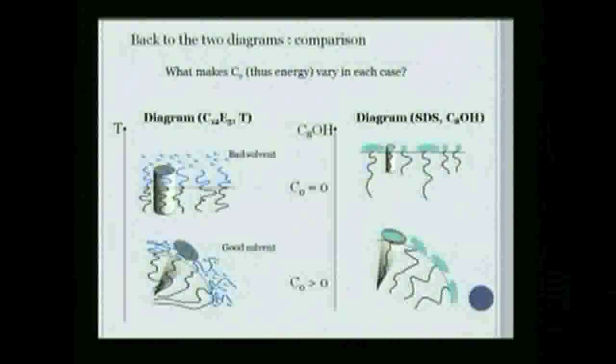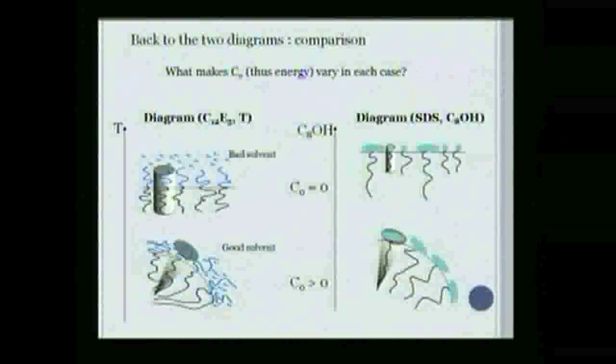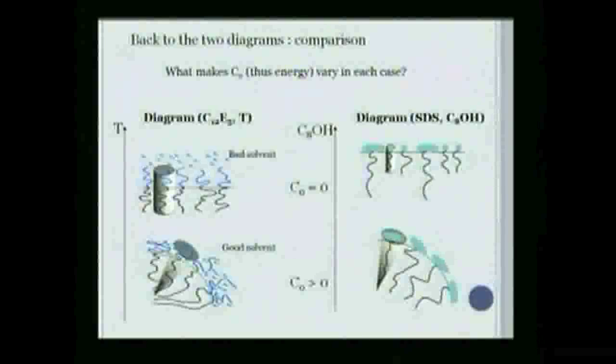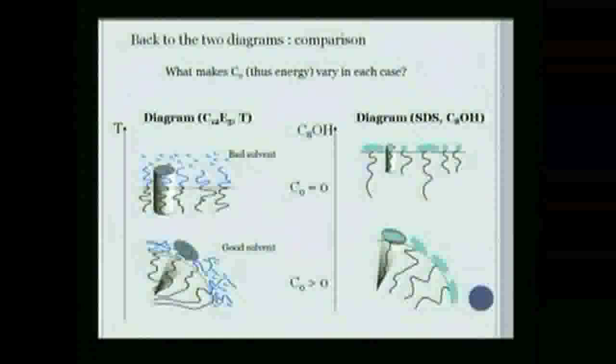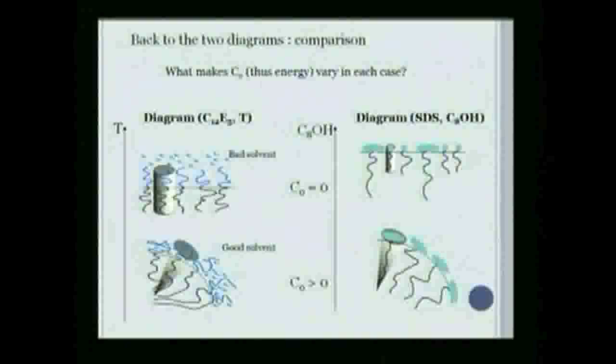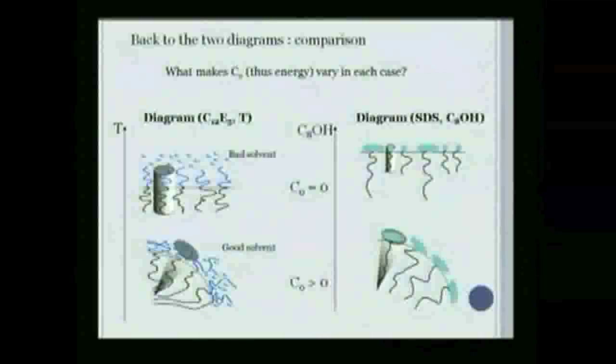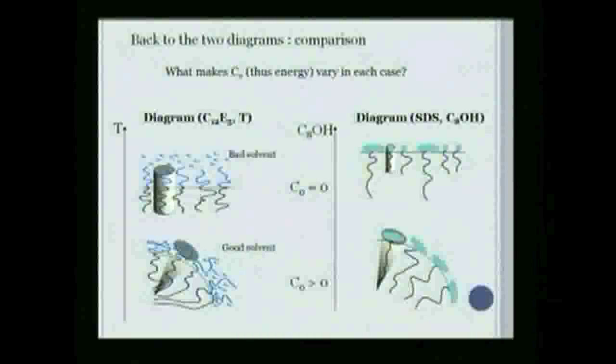And the question is now, what makes C0, the energy, vary in each case? It's not the same argument, of course. In the case of the non-ionic phase diagram, it's probably different than in the case of the ionic surfactant, okay? So what makes the change of curvature in the case of the non-ionic surfactant in the dilute part?